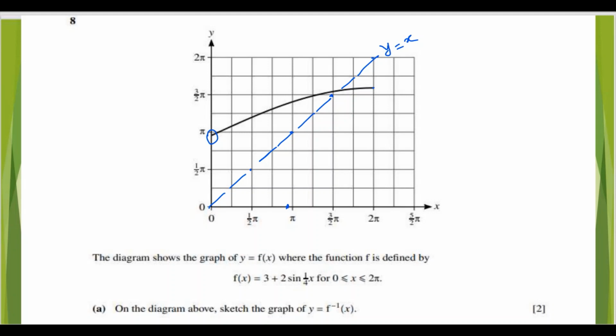And this is pi that will come here. And this point will come here. So you'll get an inverse curve like this. So this is f inverse of x.